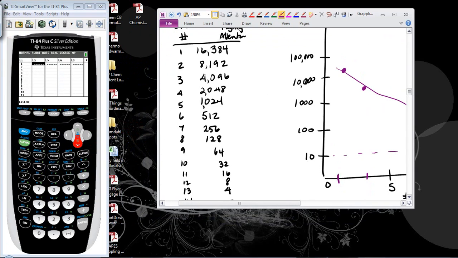So I had 16,384 paying attention at that moment. 2048, 1024, 512, 256. You could also do this in Excel. You could do this in Logger Pro software, which I hope your school has for you, and a plethora of other sorts of softwares.